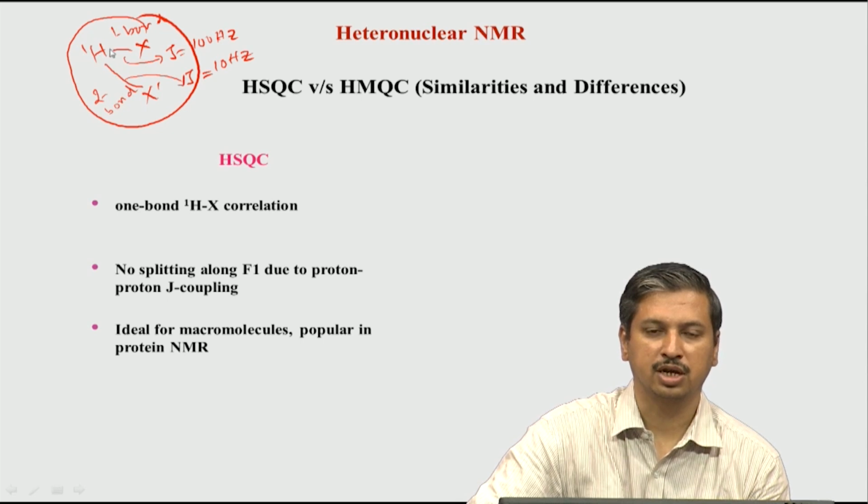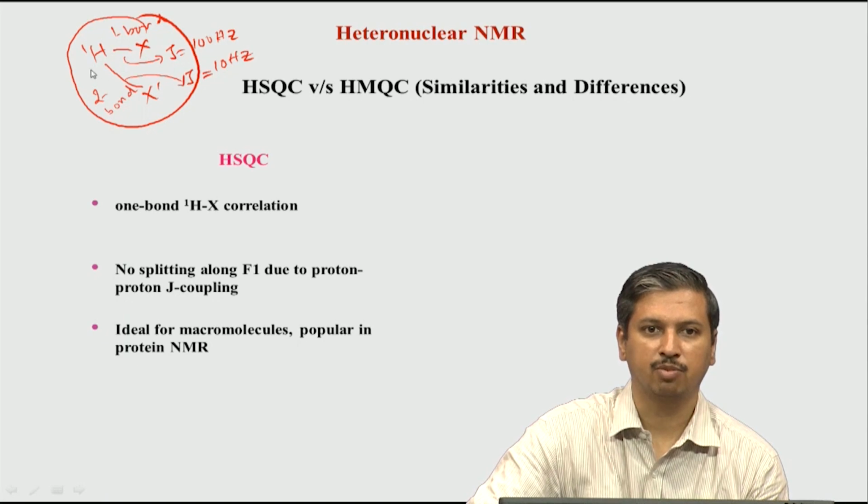But this to this transfer will not be very good, because I did not choose the delay period to be tuned to this value. But if I tune my delay period to this value, then this coupling will not be observed, or will not take place. Okay. So, this is how we can selectively transfer the polarization from proton to a neighboring X nucleus, depending on the coupling value.